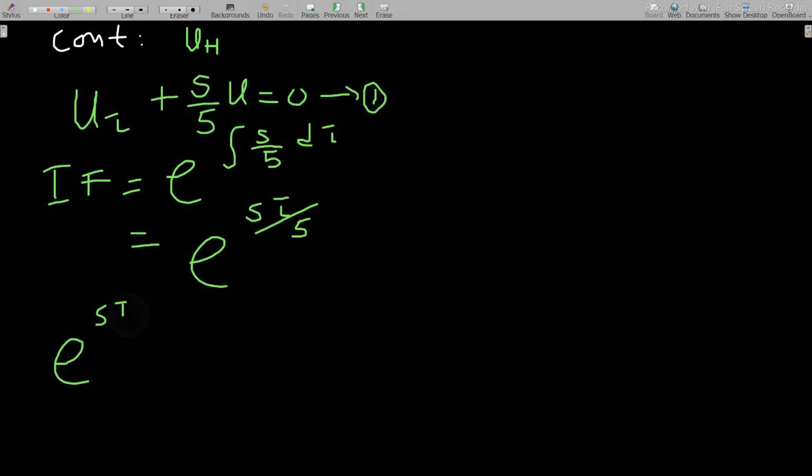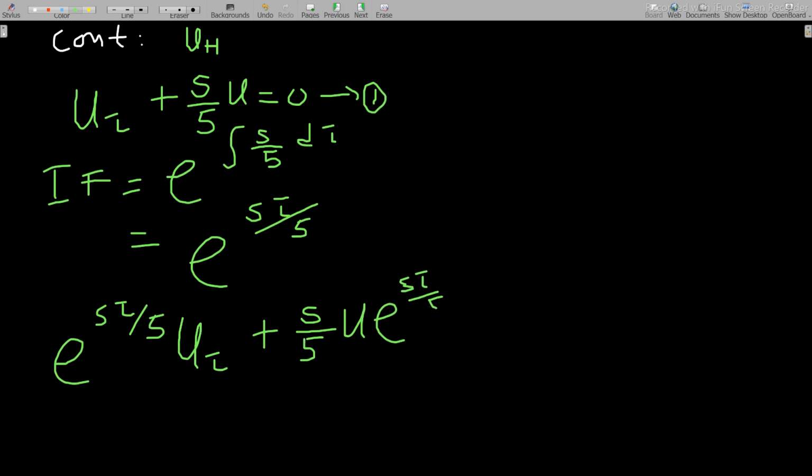If I multiply it through each term, I'll get e to the s tau over 5, then u tau plus s over 5 u e to the s tau over 5 should be equal to 0. When I multiply 0 by that, I'll get 0. So it means that I have to simply factor something out here.